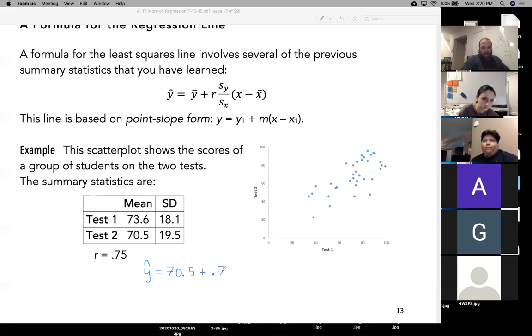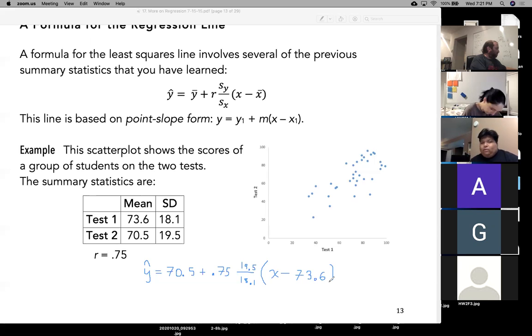Okay, so 0.75 times S sub y, which is 19.5, over S sub x, which is 18.1, times x minus x bar, which is 73.6.